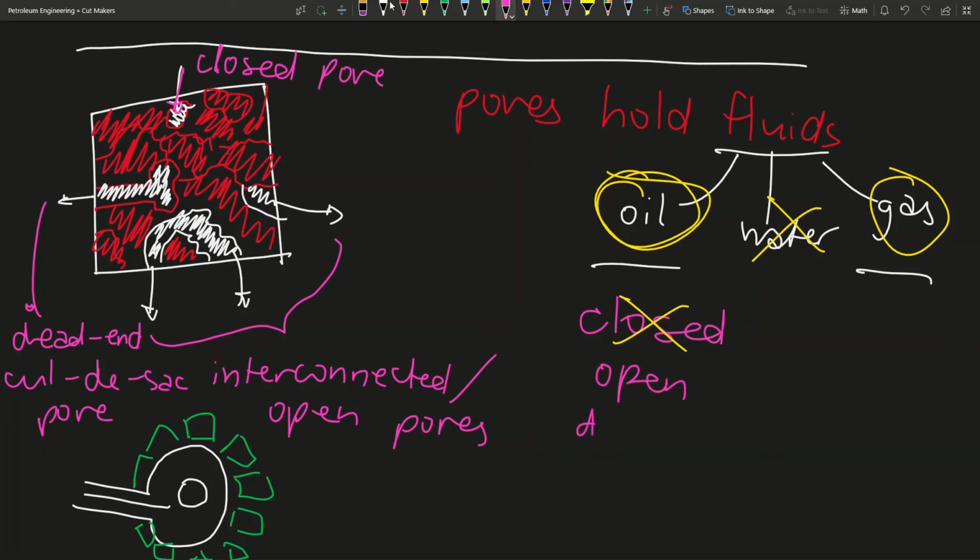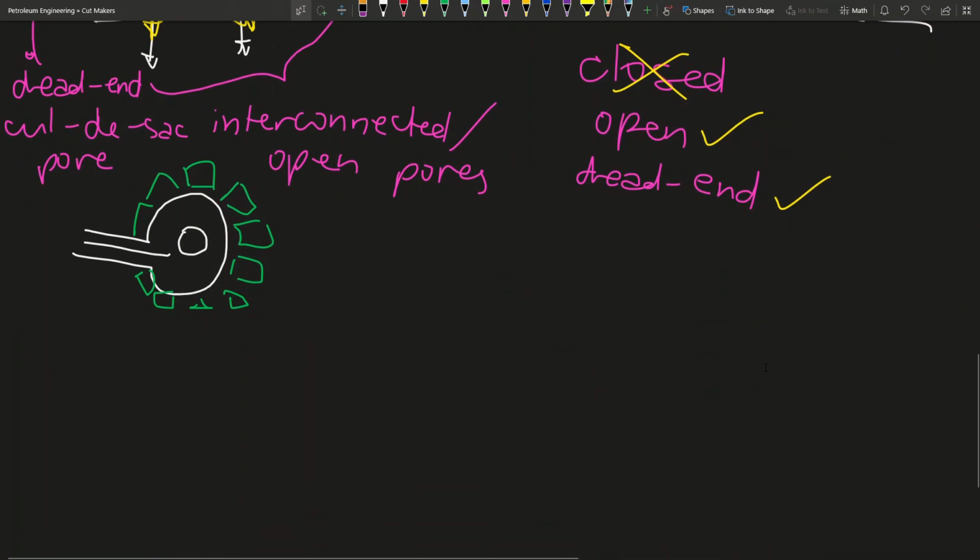So for open and dead end pores, the answer is yes, they can flow. And if you ask why, let's just use a little bit of imagination. So from here, there's nowhere for the oil to escape. From here, at least we have some path. Here we have some path. These are all open. From the cul-de-sac, it can't escape from this direction, but it can at least escape from this direction.